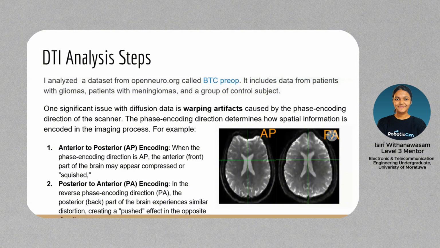So when we do anterior to posterior encoding, that side gets squished, like a magnetization force comes and that part of the image gets squished. Then posterior to anterior encoding is done to get the distortion data which happens in the AP encode. So that's what basically happens, and we are going to perform a pre-processing step to remove this effect.